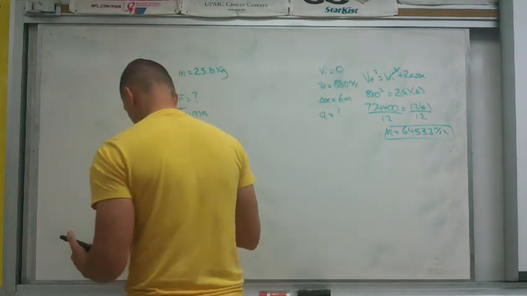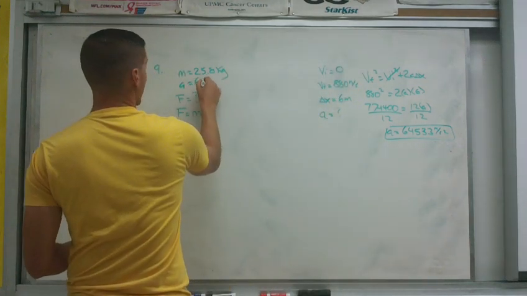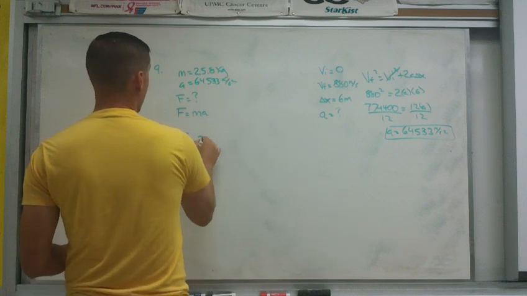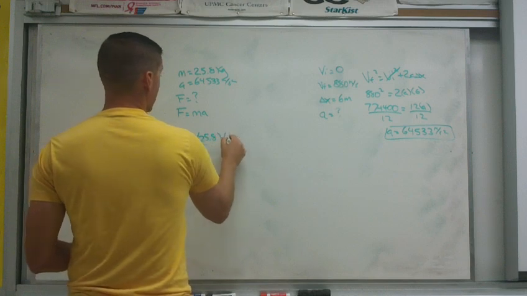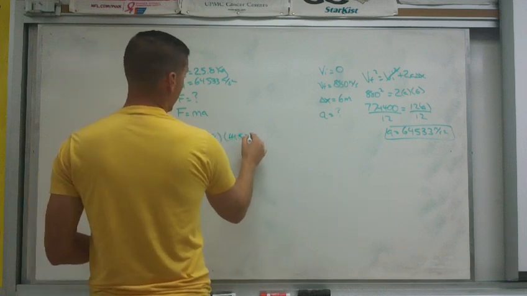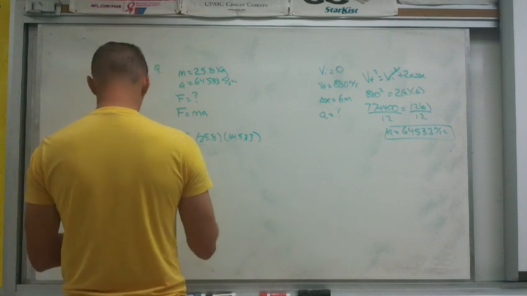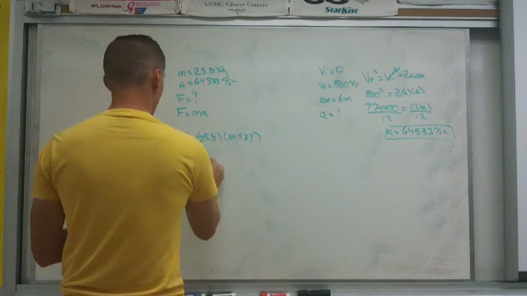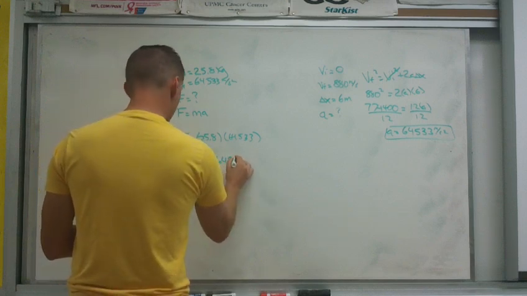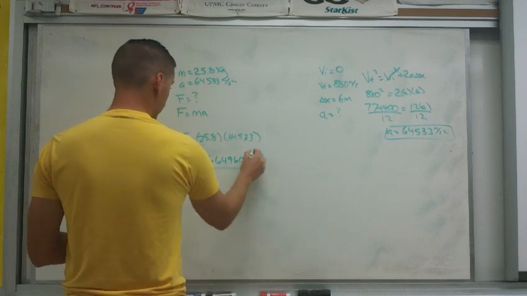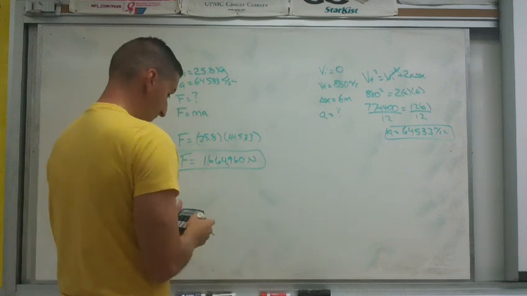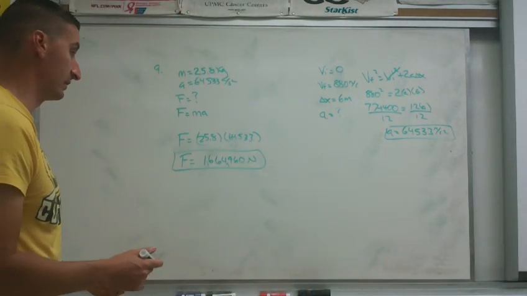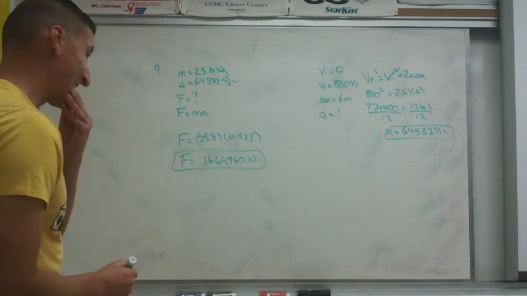Alright, so I can use that over here. I plug in F equals mass, 25.8, times 64,533. Force equals about 1 million newtons. A lot of newtons, to get that massive shell to travel far, far distances. Alright? Okay, 10, last one here.